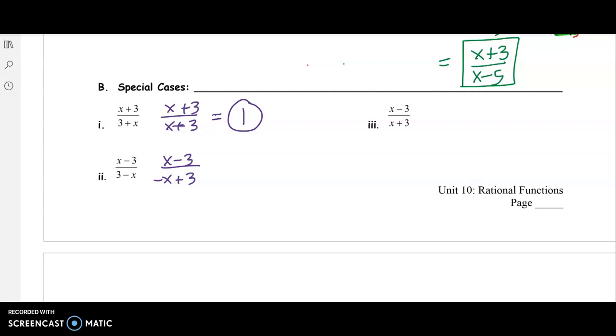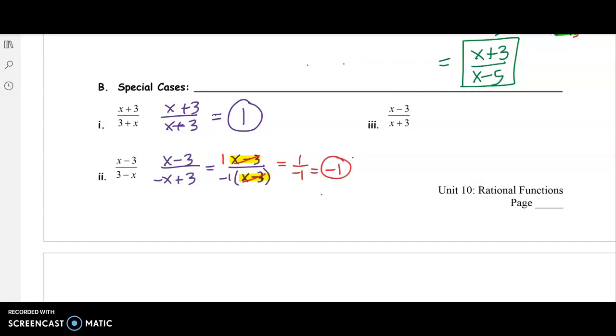I'm going to factor out a negative 1. And when I do that, now I have x minus 3 over x minus 3. So what's going to happen here is we said that if we had something divided by itself, it was equal to 1. So now we have 1 in the numerator and negative 1 in the denominator, and when they divide, we get negative 1.